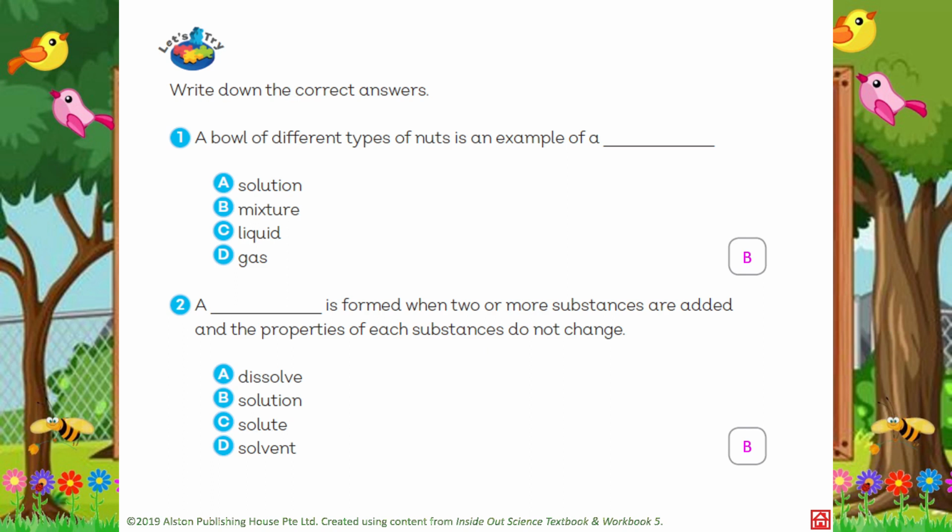A solution is formed when two or more substances are added and the properties of each substance do not change. So if you put salt in the water, the salt is still salt, it's just dissolved in water. It does not create a whole new substance. So it did not change the properties of the salt, although it changed the state, for example, from solid to liquid. But it did not change the property of the salt. It's still salt.